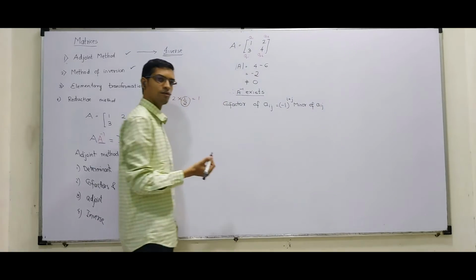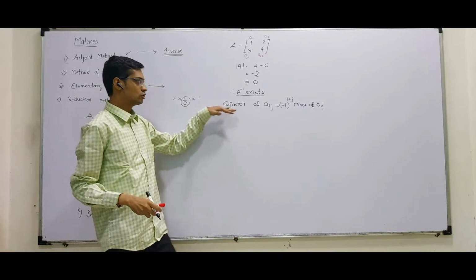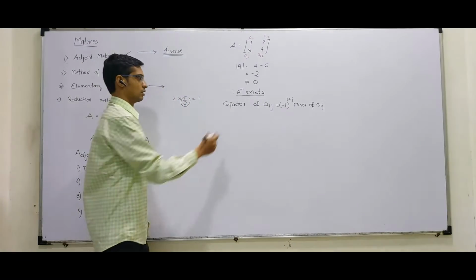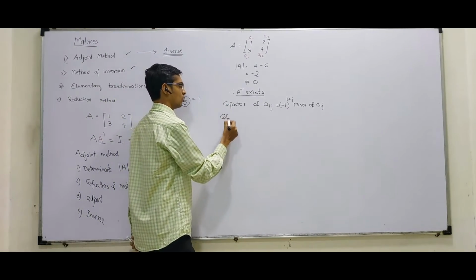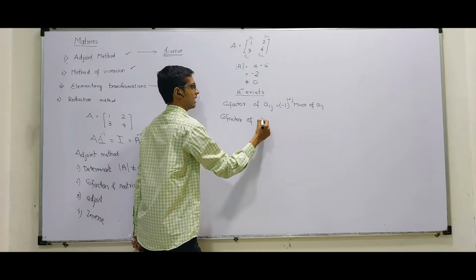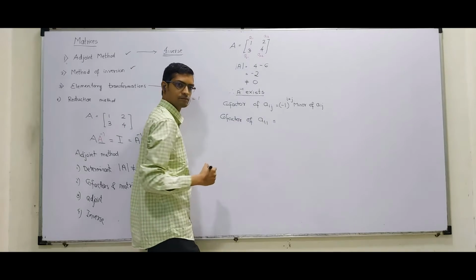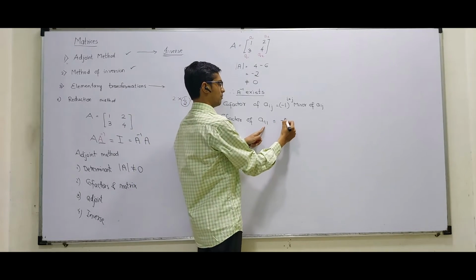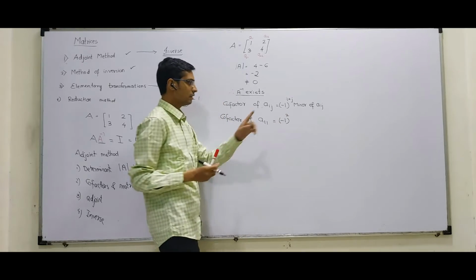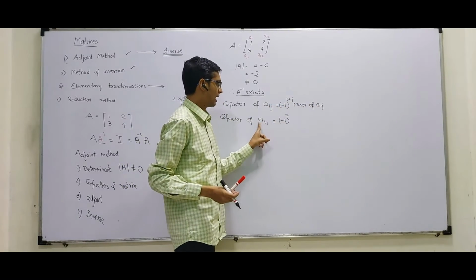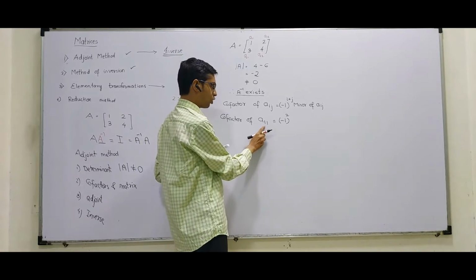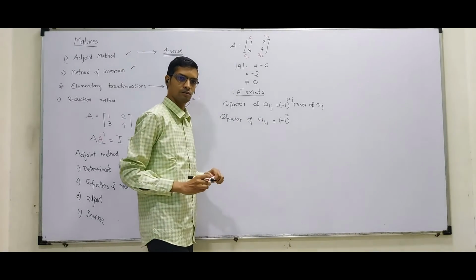First write the formula, then you start substitution. So first क्या लेंगे? Cofactor of the first element A11. क्या आएगा A11? -1, 1 + 1 that is 2. अब माइनर मतलब A11 का माइनर, so A11 का माइनर मतलब है फर्स्ट रो और फर्स्ट कॉलम हाइड कर दो.